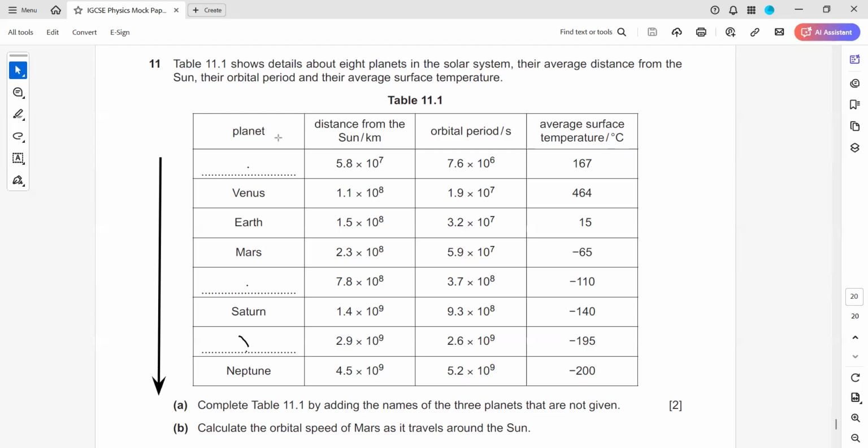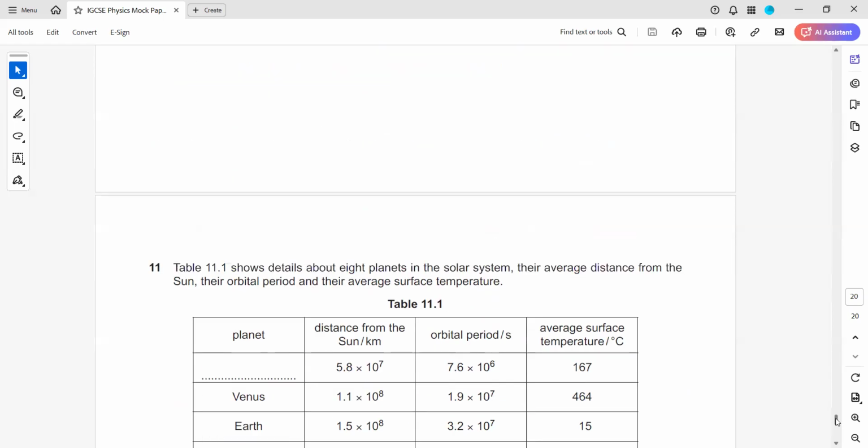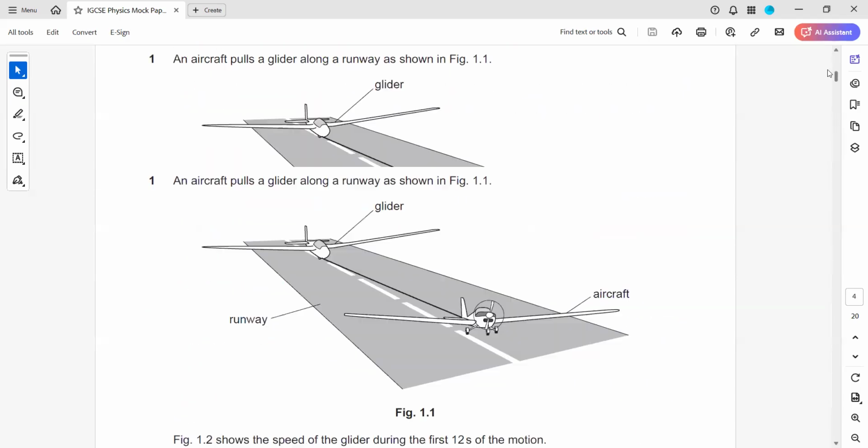It's obvious that at this level you should know the order of the planets: Mercury, Venus, Earth, Mars, Jupiter, Saturn, Uranus, and Neptune. That order you need, but not the numbers. They will not directly ask what the temperature of Mercury is, or what the average is. That will not be there.